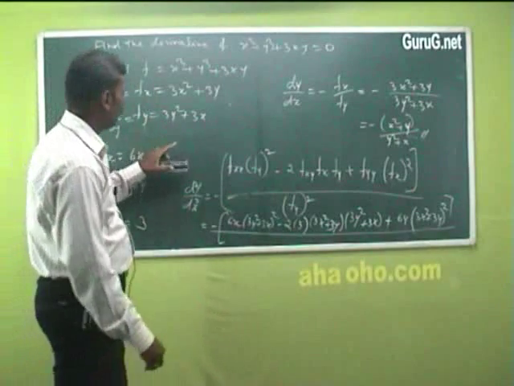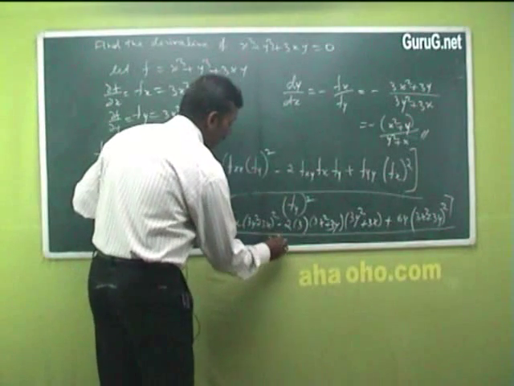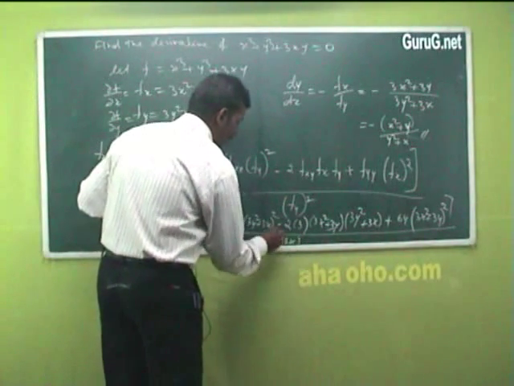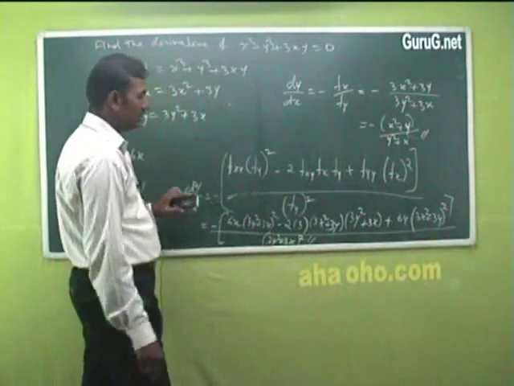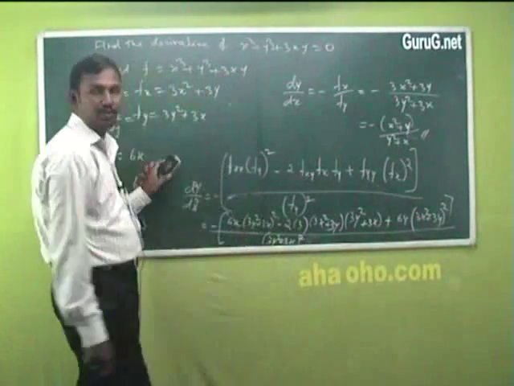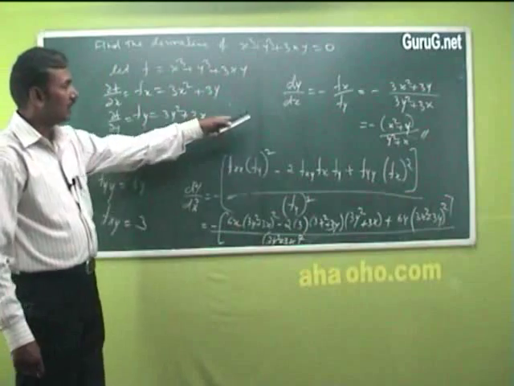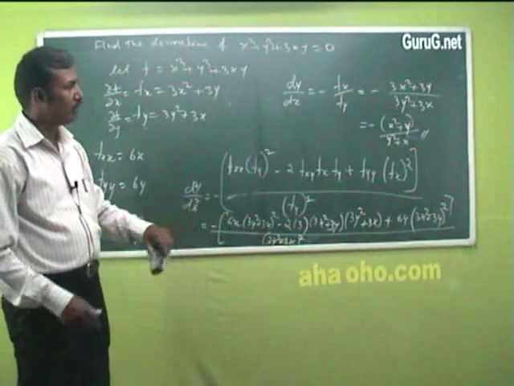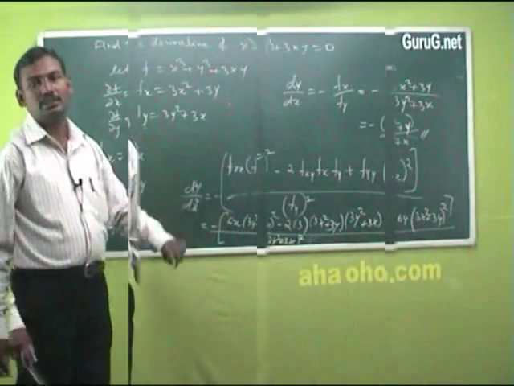So fy is 3y squared plus 3x the whole square. So this is the second order derivative. This is the first order derivative, and this is the second order derivative using total derivative.